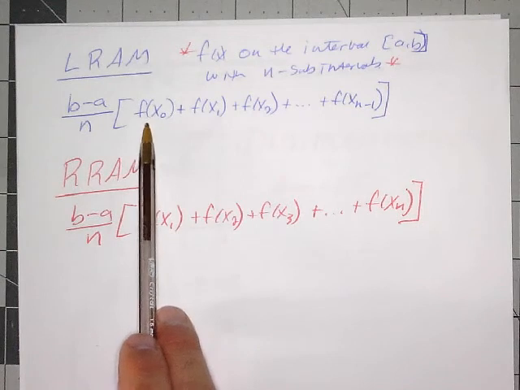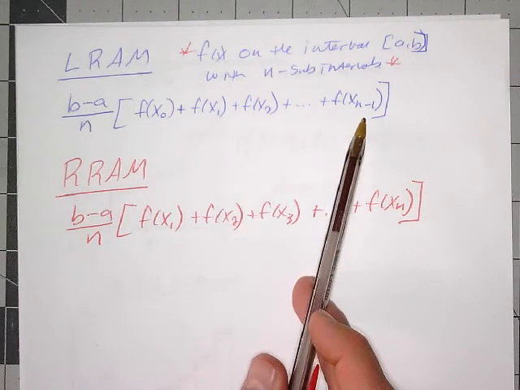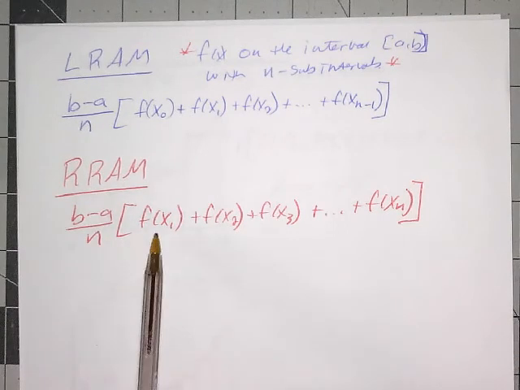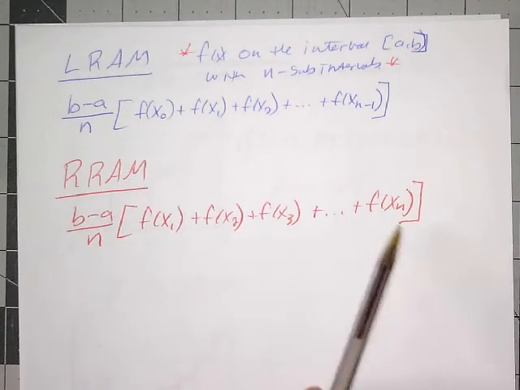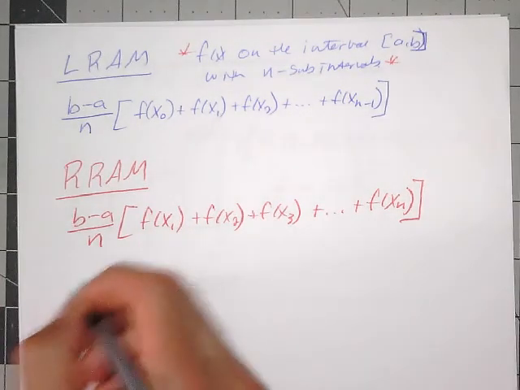So in the left rectangular approximation, you include the first point but skip the last one. With the right rectangular approximation, you skip the first one, start with the second, but then end with the last.